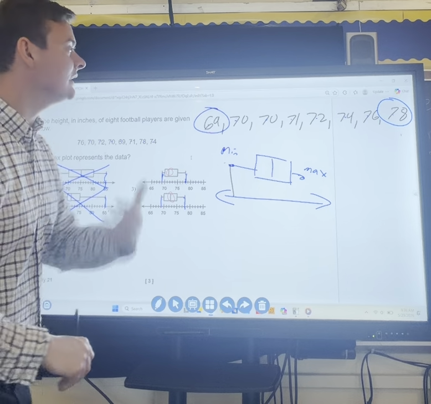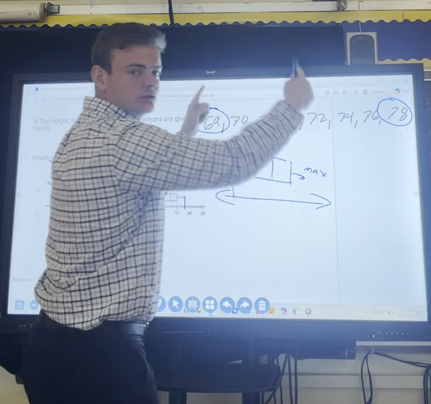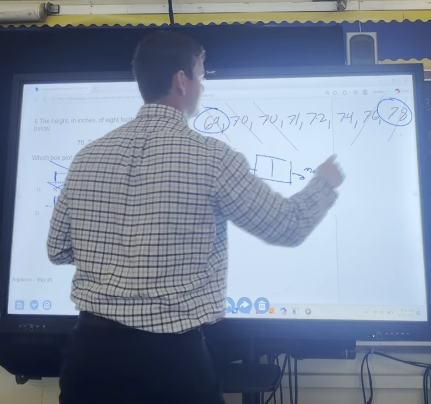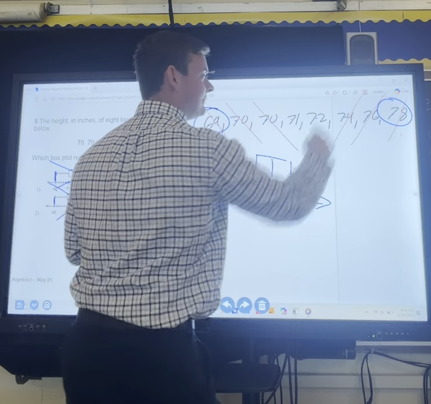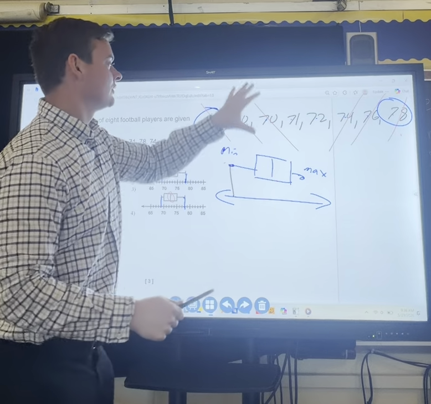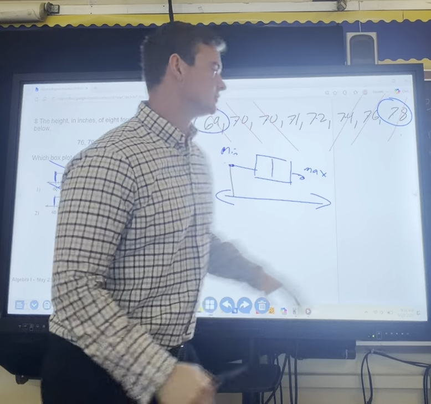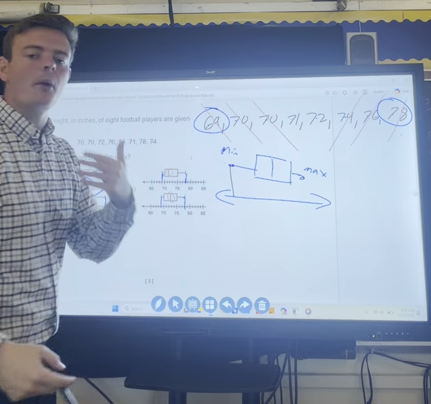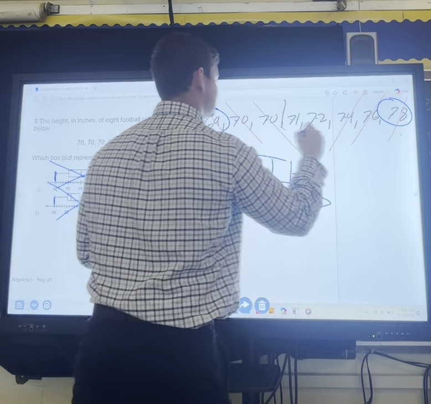To find the median, I need to cross off these numbers from both sides. Boom, boom, boom, boom, boom, boom. And I can't keep going because I have no numbers left. But I cross it off from the left, I also gotta do it from the right. So if I did that, I'd be out of numbers. So I can't. So I'm somewhere in between 71 and 72.